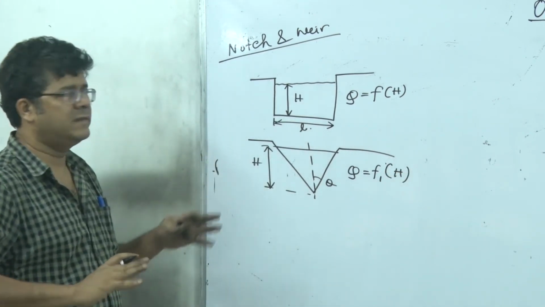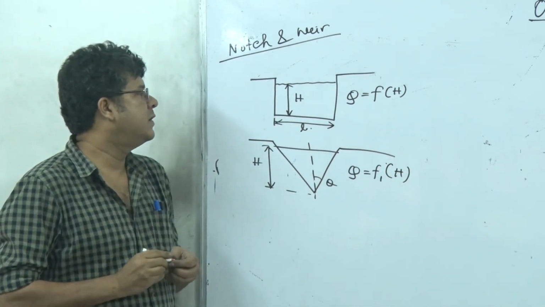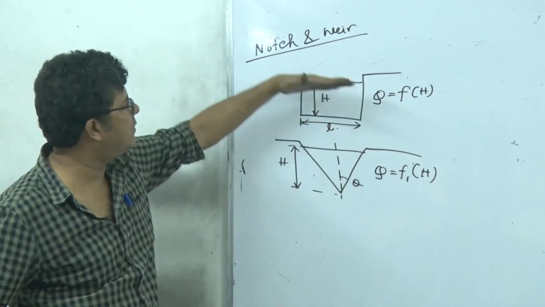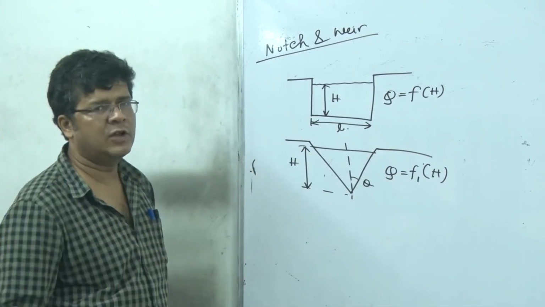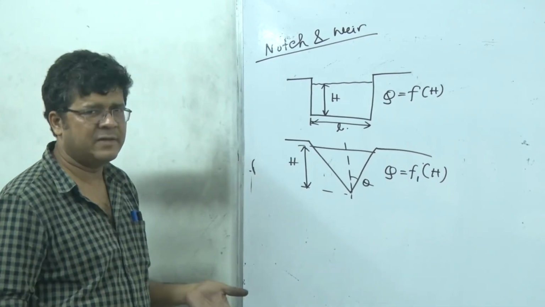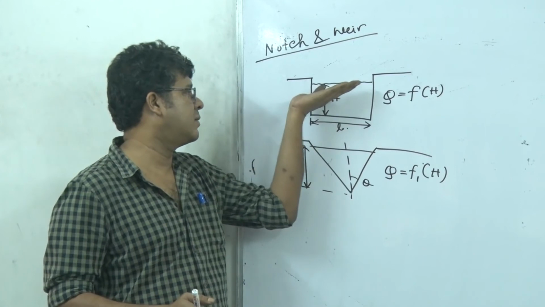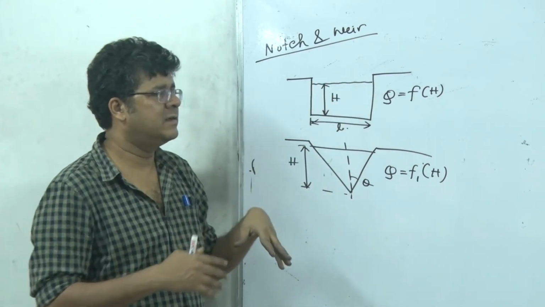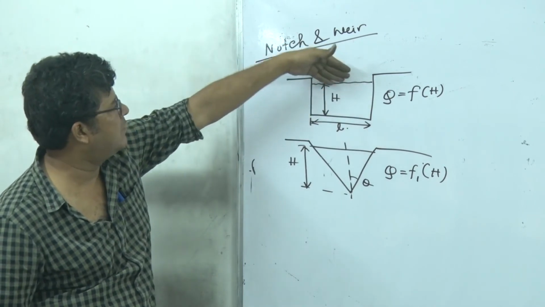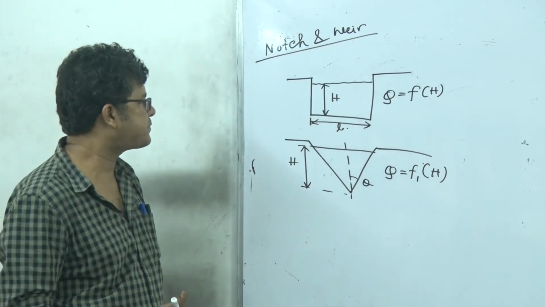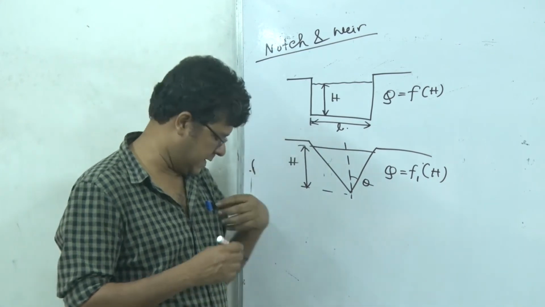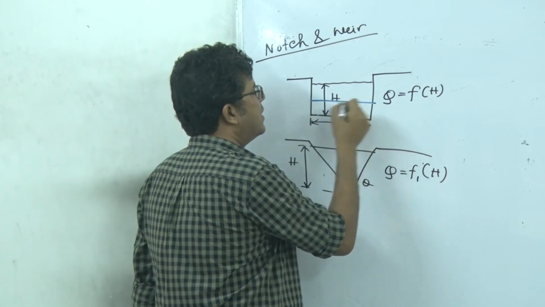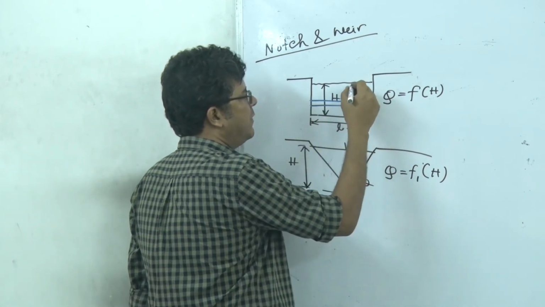So in both cases, what we have to assume is that the velocity of approach, the surface velocity of the fluid to this weir or notch, must be very small, and generally it is, relative to the velocity on the downstream side, right? Because there is a restriction and we have a high velocity here. So if the approach velocity is 0, then we have to think about the depth-wise distribution of velocity.